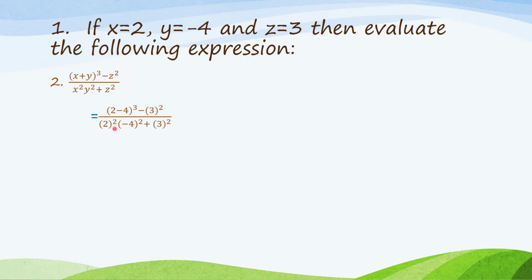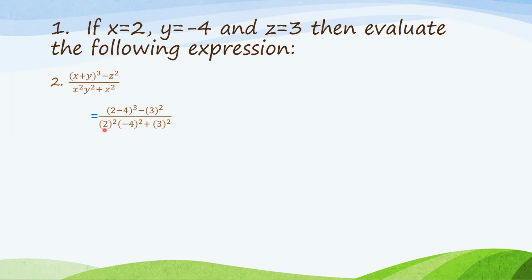Now in the denominator, x square, that means 2 square. Then let's put the value of y, -4 square plus 3 square. Again, students, there is a negative number with the power square. So it becomes minus minus plus, and 4 into 4 is 16.